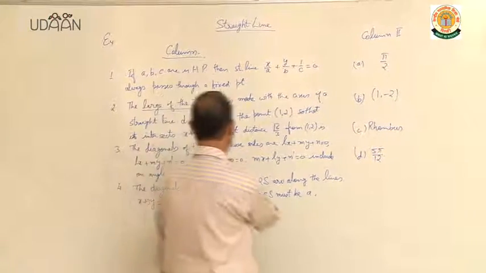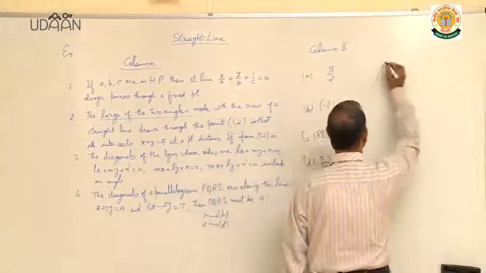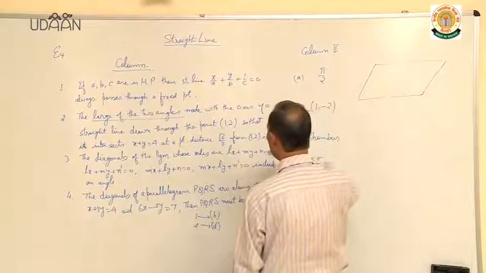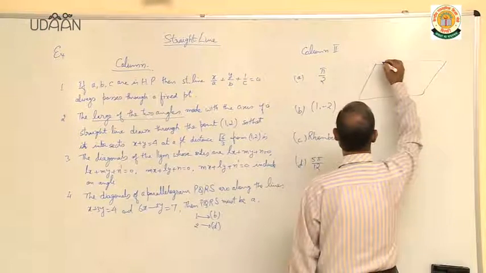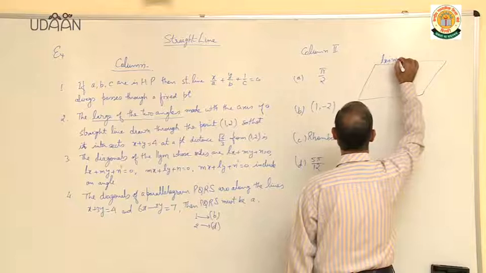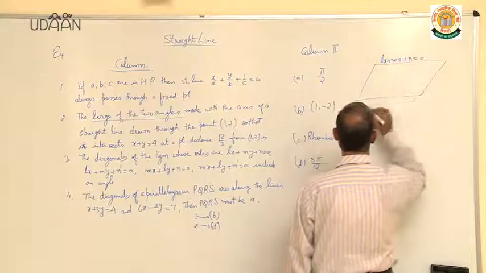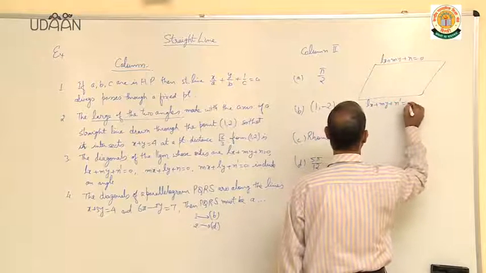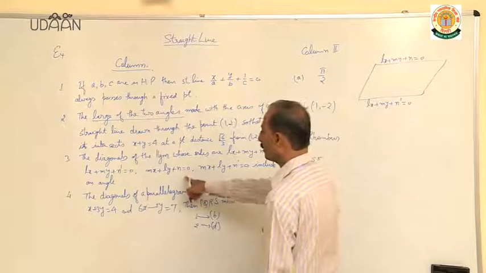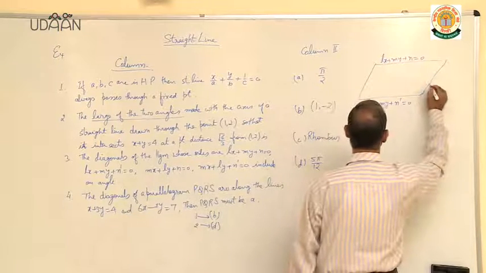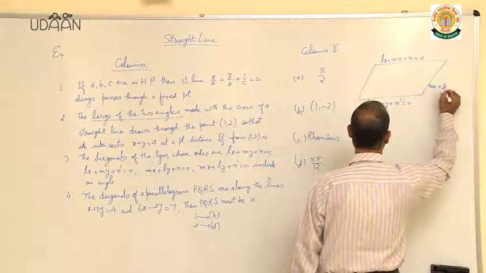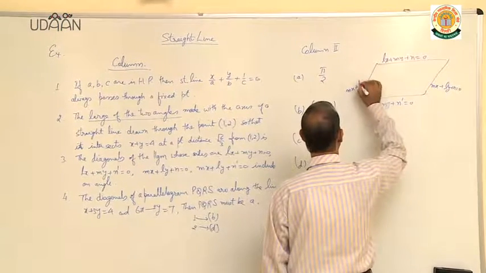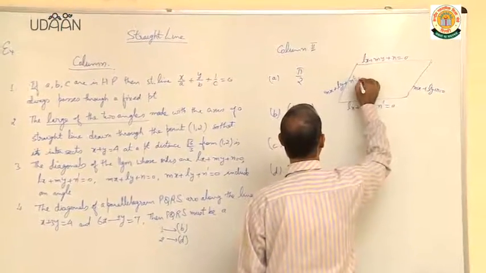If you draw a parallelogram, you will get the lines Lx plus My plus n equal to 0, and this line Lx plus My plus n dash equal to 0, and another one is Mx plus Ly plus n equal to 0 and Mx plus Ly plus n dash equal to 0.